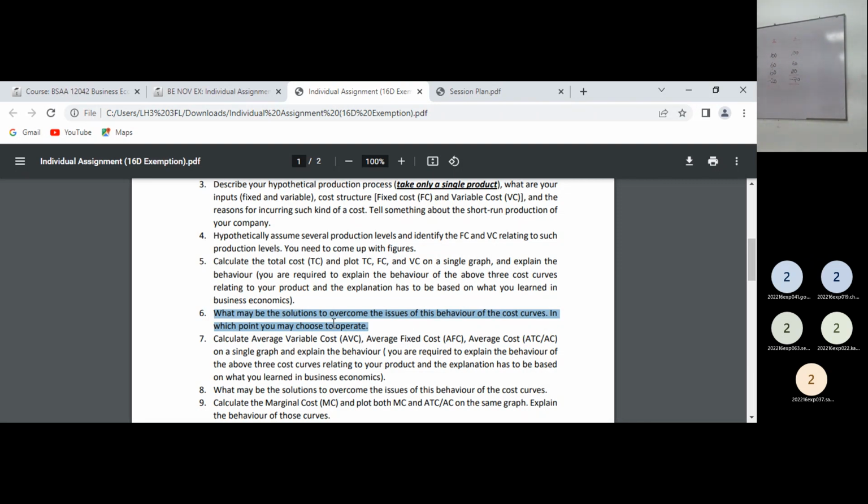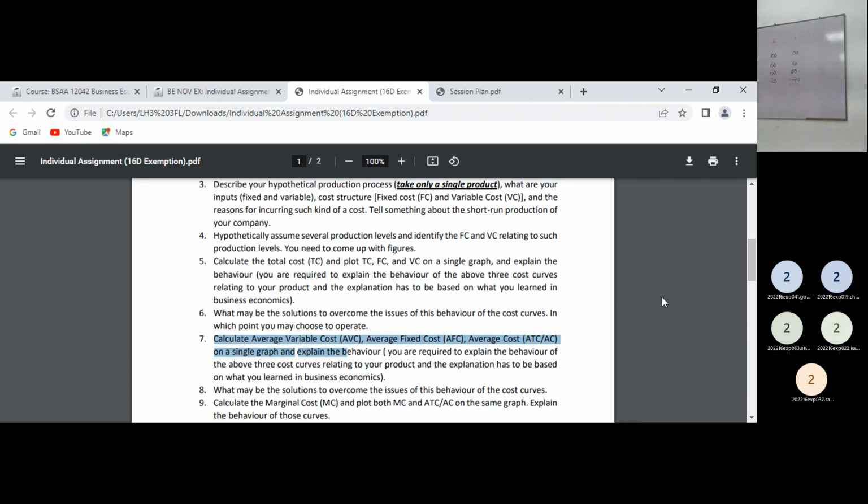It's all about Excel, right? Then what you have to do, you have to calculate your average cost figures. Earlier you have calculated your total cost figures, total cost, total fixed cost and total variable cost, and you plotted them on a graph, then explain the reasons.